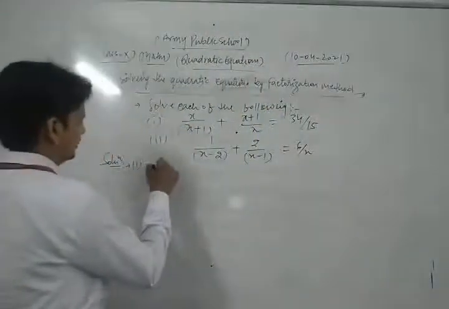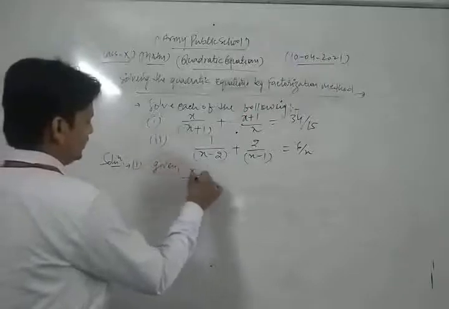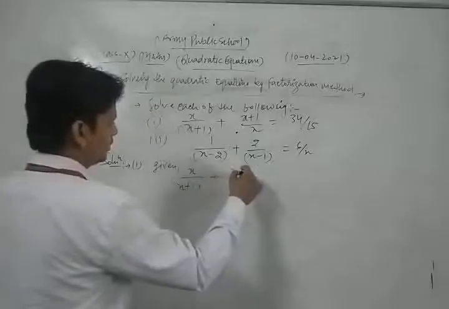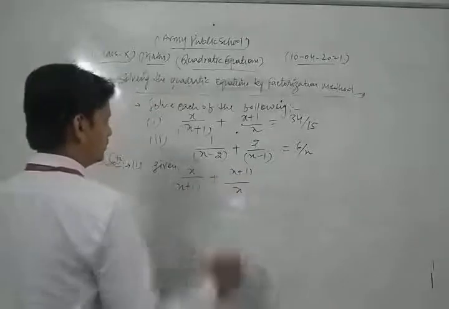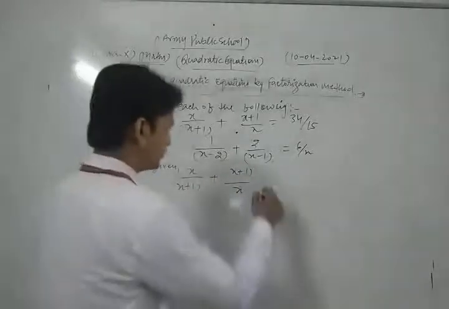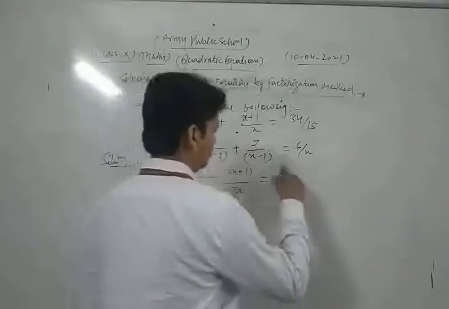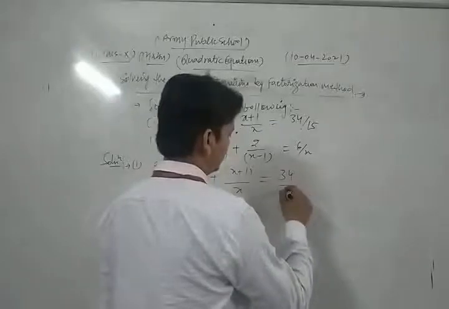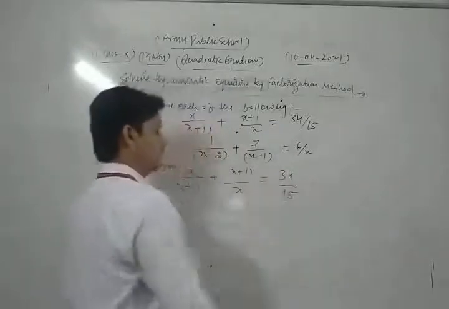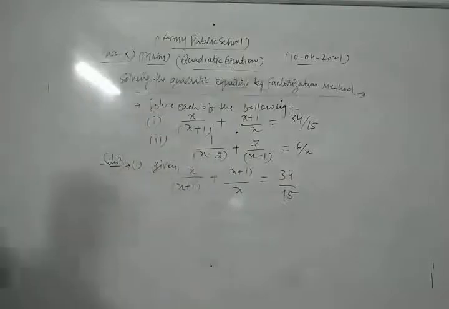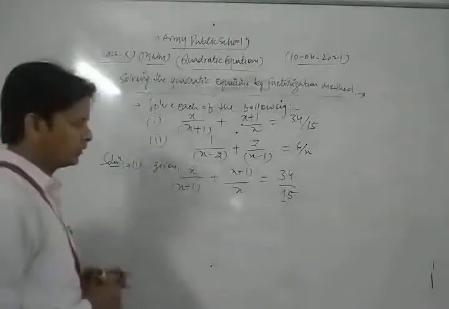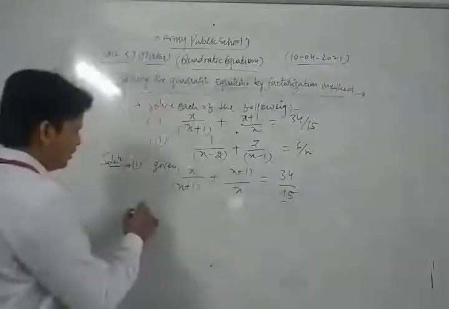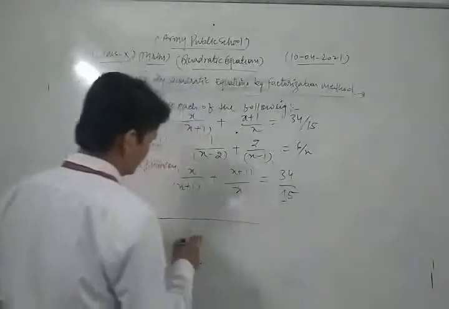So given x upon x plus 1 plus x plus 1 upon x is equal to 34 upon 15. Now what I do, let's see. In this type of question, we first take the LCM of the denominators.